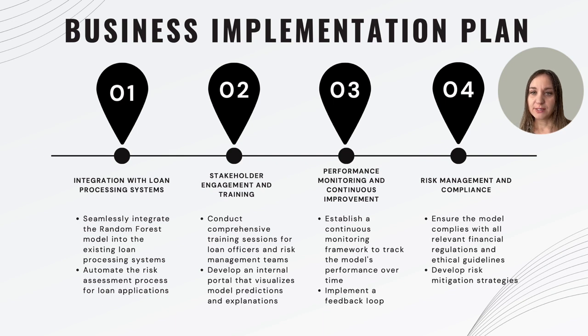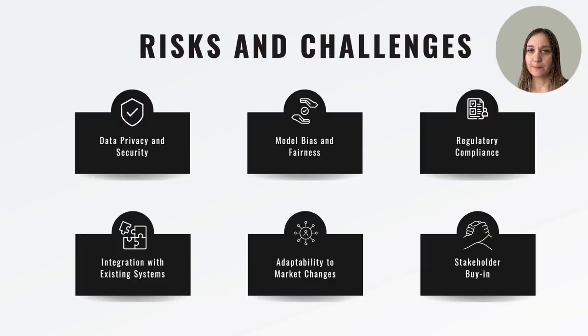We'll also set up a system to keep an eye on how well the model is doing and improve it over time. Lastly, we're going to make sure everything we do with this model is above board and follows all the rules. This includes keeping customer information safe and making sure our model is fair to everyone.